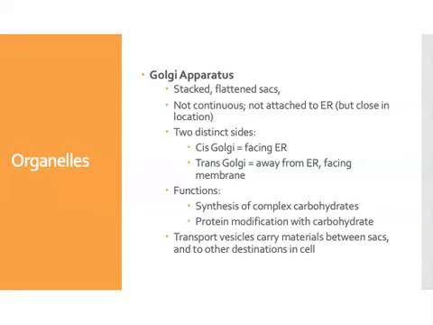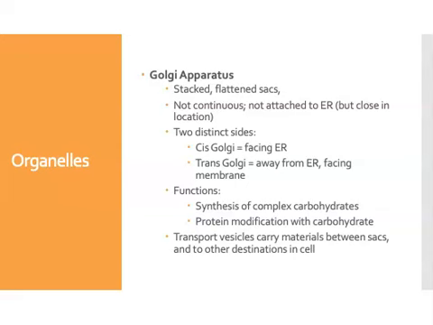And the modification that happens inside the Golgi is with carbohydrate. In other words, bits of carbohydrate, short chains of carbohydrate, get added on to some proteins, and that changes the chemical nature of that protein. It becomes what we call a glycoprotein at that point.